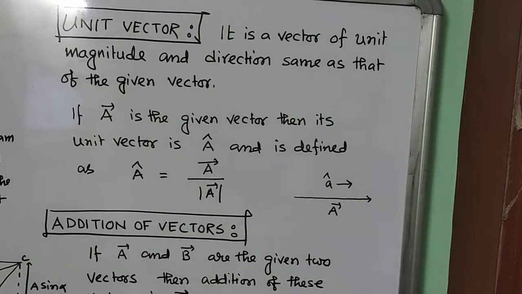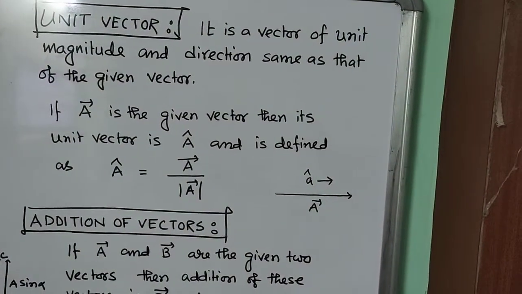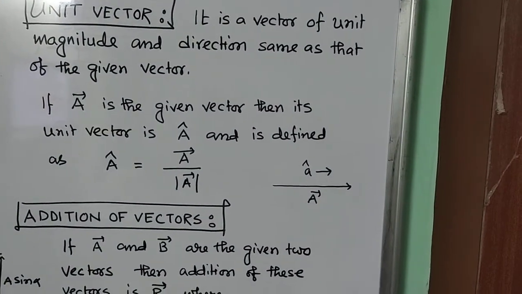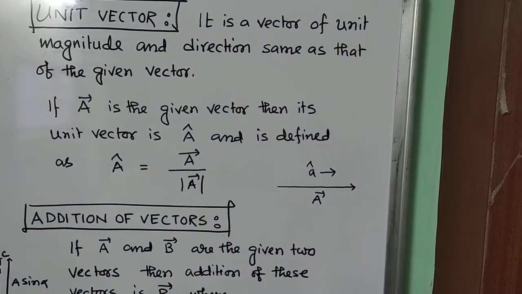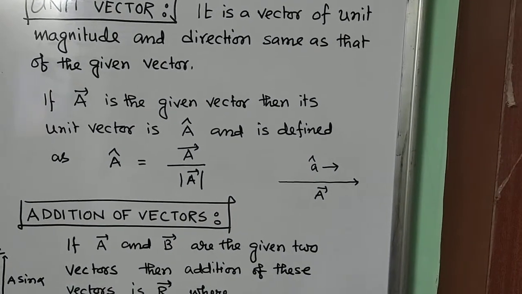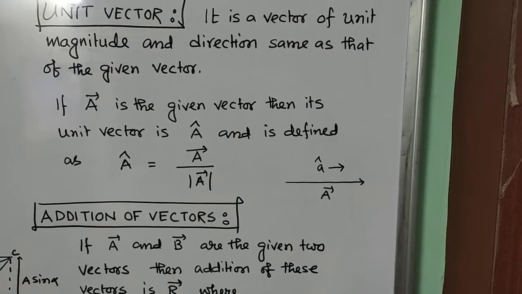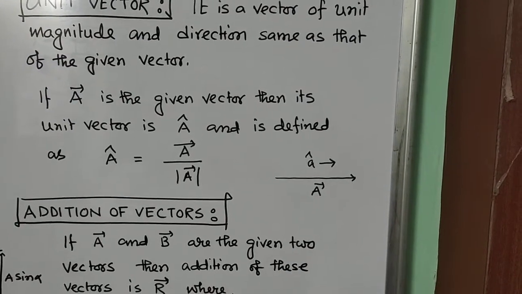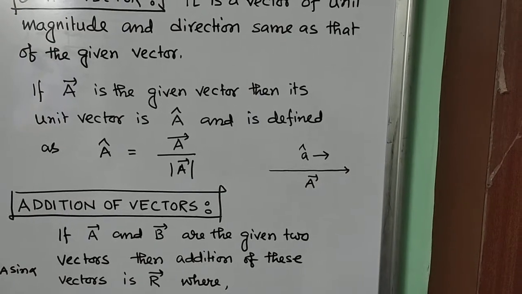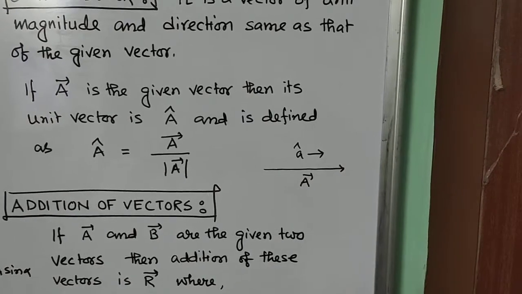So if A vector is the given vector, then its unit vector is denoted as A cap. Cap, this symbol, is basically used to define a unit vector. Now if there is a vector A, its unit vector will be A cap, and is defined as A cap equal to A vector divided by magnitude of A vector.